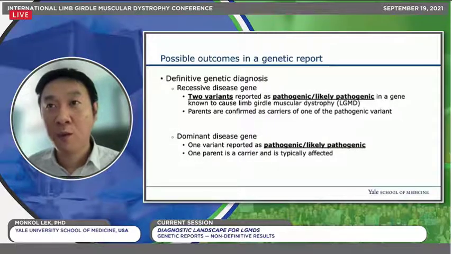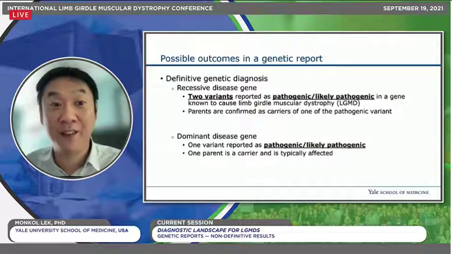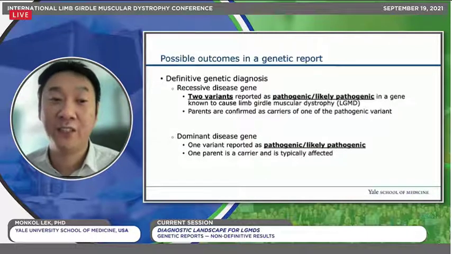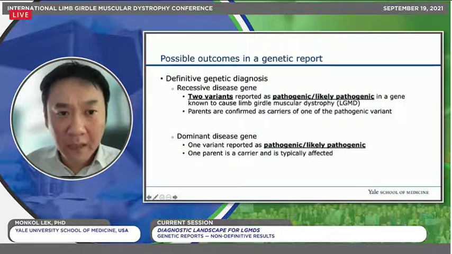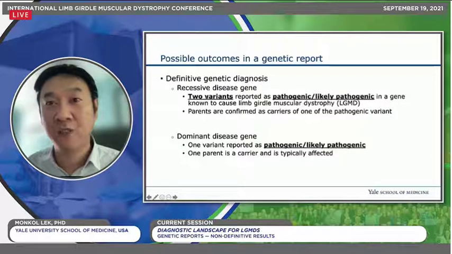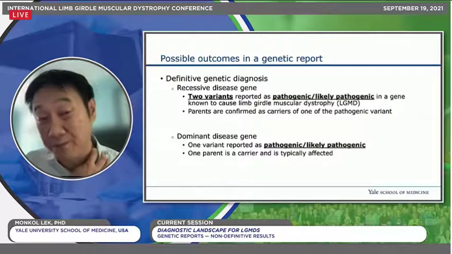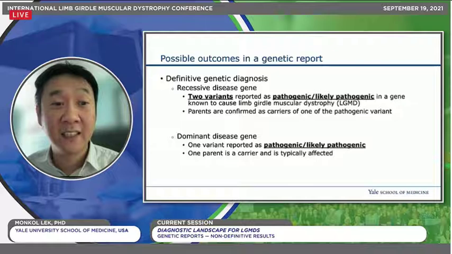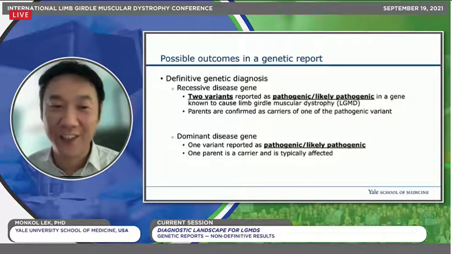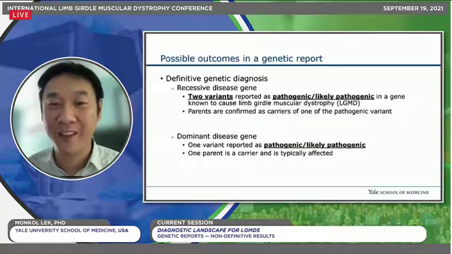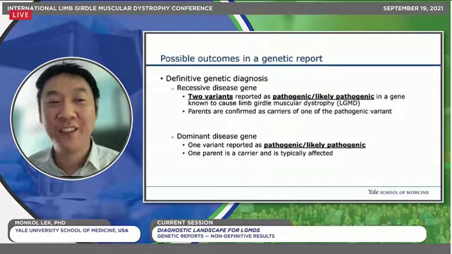One possible outcome, and this is where patients are happy they've gotten their answers, is a definitive genetic diagnosis. In the case where a recessive pattern is suspected in a recessive disease gene, and I've bolded and underlined this for a reason, it's important that the genetic report shows two variants.